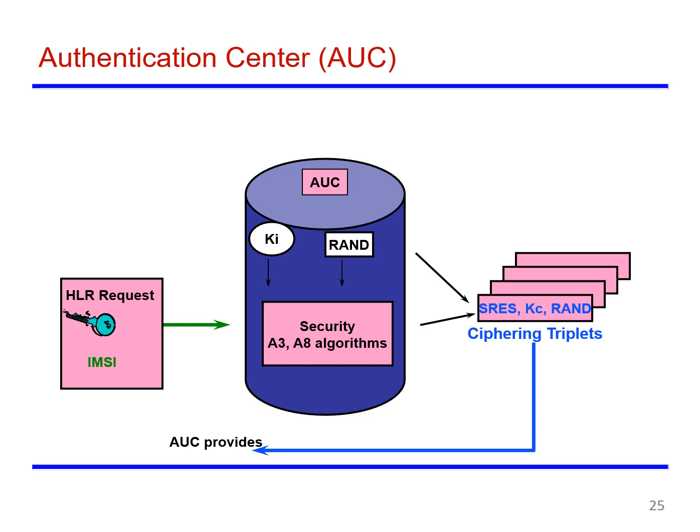Now the MSC keeps that SRES and KC in its VLR, and the random number is passed to the mobile, asking the mobile to generate the SRES and do the encryption.